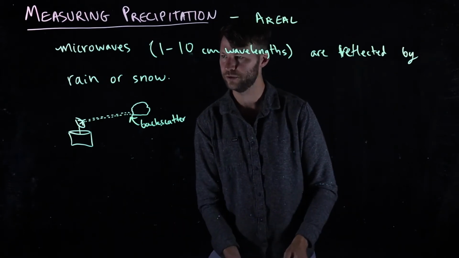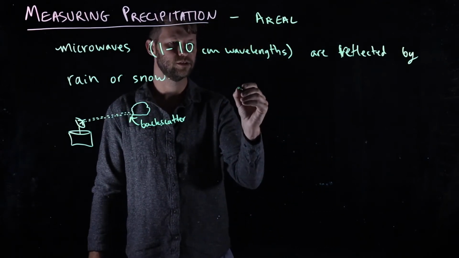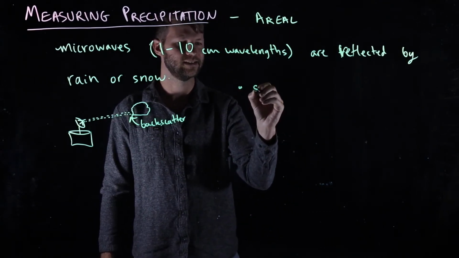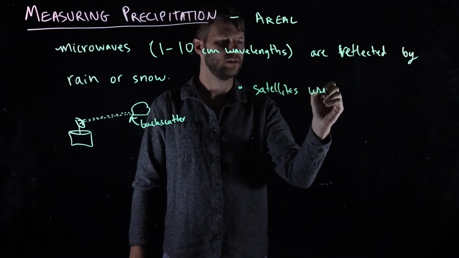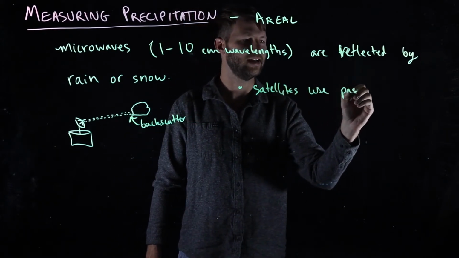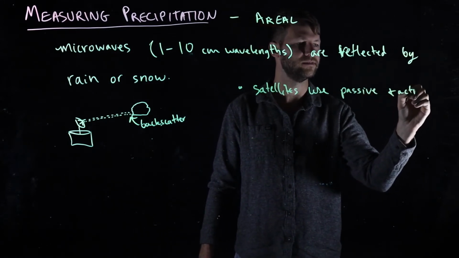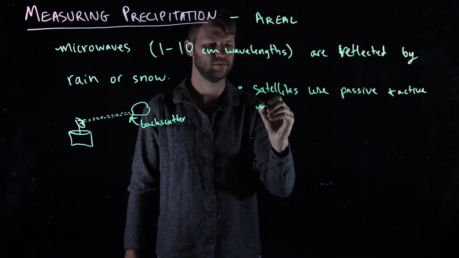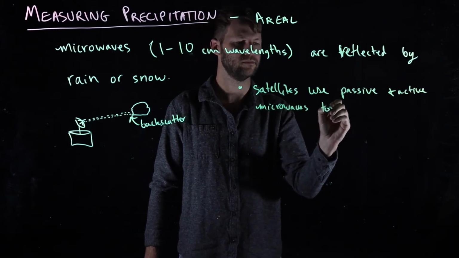There are very few, again, ground-based systems. And so we also rely on the fact that satellites that are circling the Earth use both passive and actively emitted microwaves to measure precipitation.